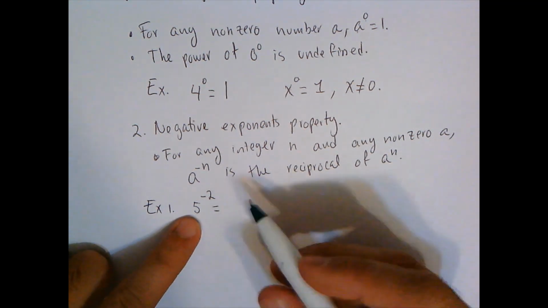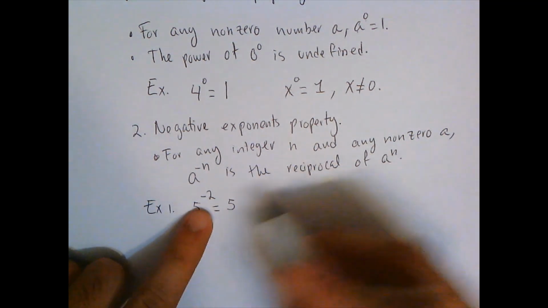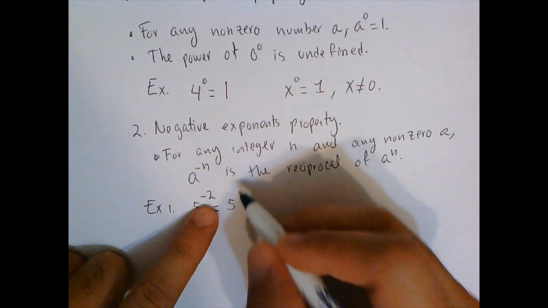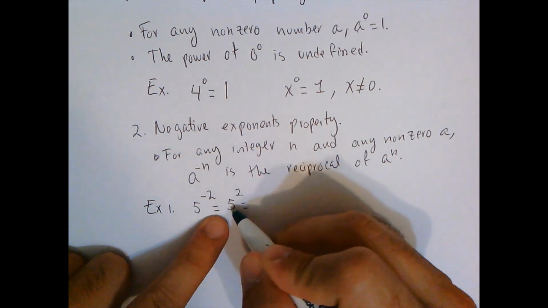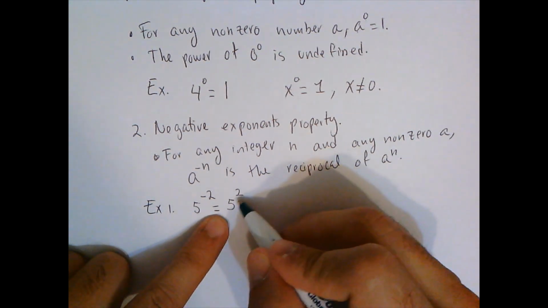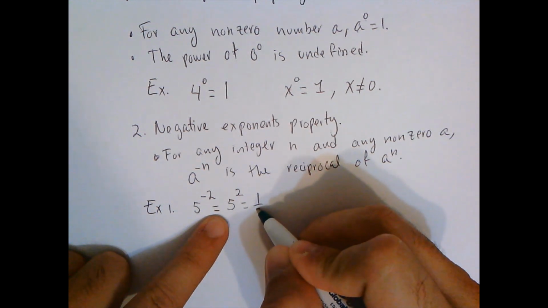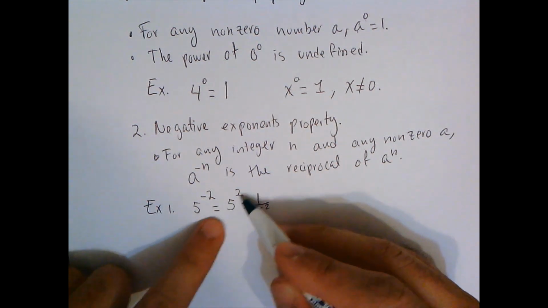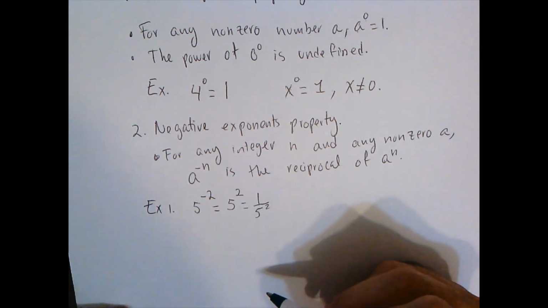In this case, a is 5. n will be 2. Well, the reciprocal of 5 to the power of 2 is just 1 over 5 to the power of 2. So I'm going to carry that power to the denominator.